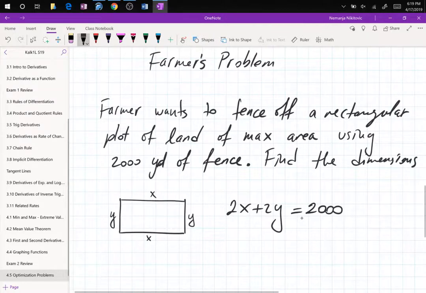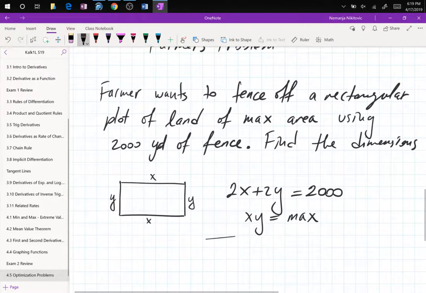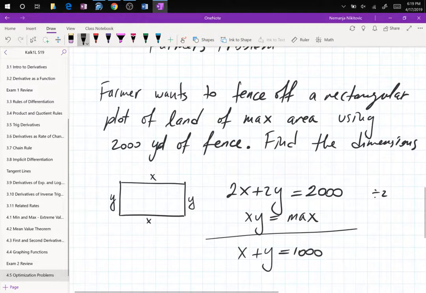What would that be? xy equals max. Because we want the maximum area, maximum possible area. Now, if you divide upper equation by 2 to make the numbers smaller, we have x plus y equals 1,000 and xy equals a max.